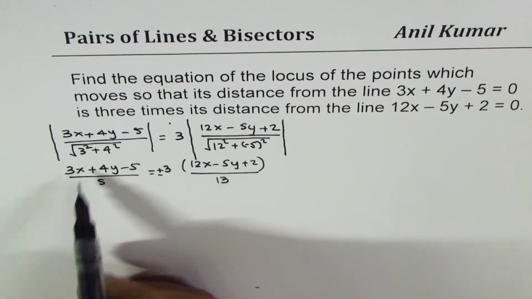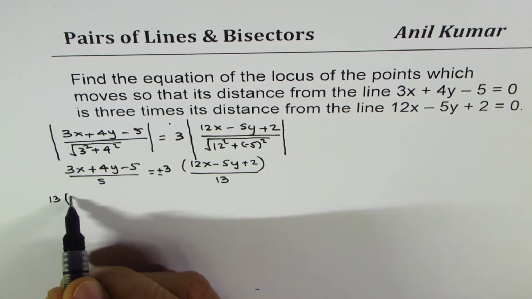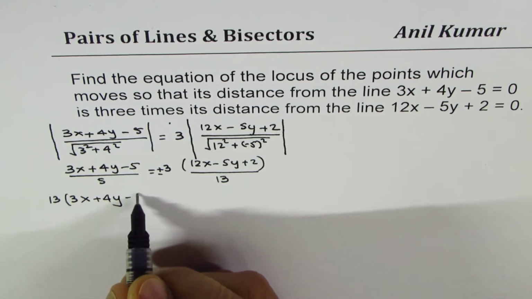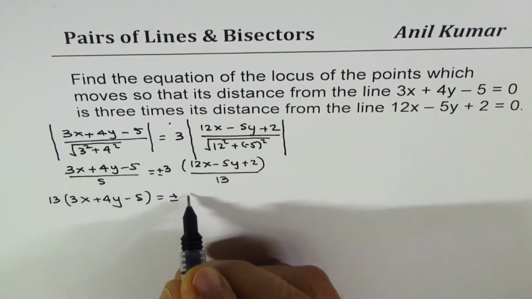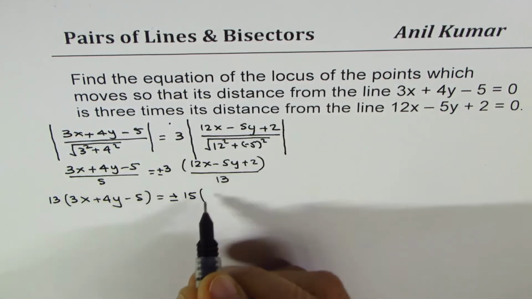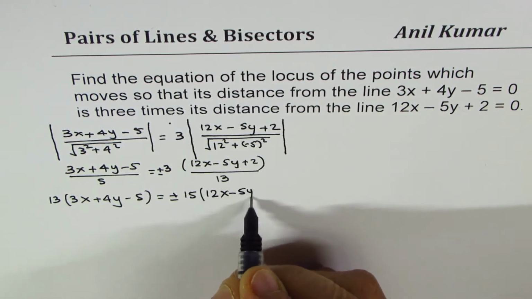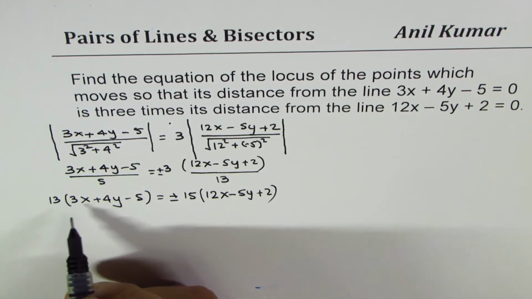Now we can cross multiply and simplify. So we get 13 times (3x plus 4y minus 5) equals plus or minus 5 times 3, which is 15, so I'll multiply this part with 15 times (12x minus 5y plus 2). Now we can open this bracket.